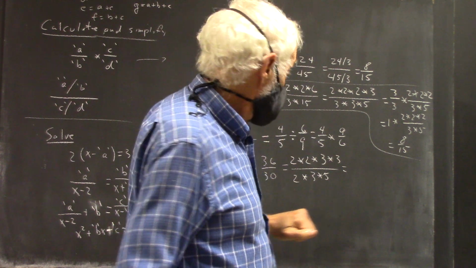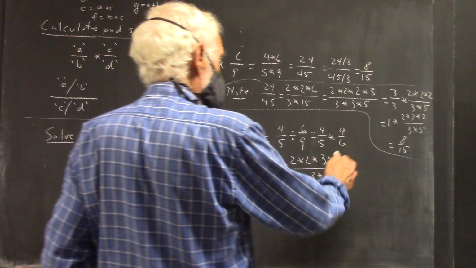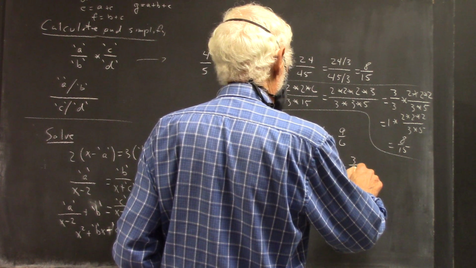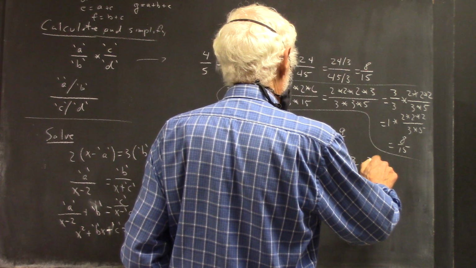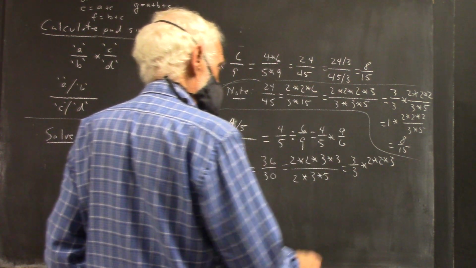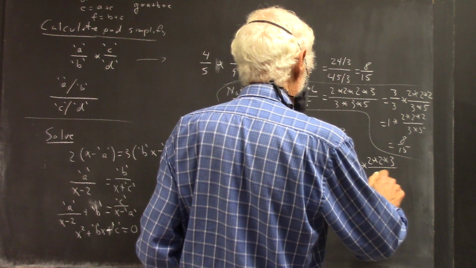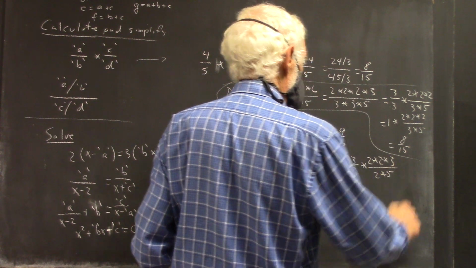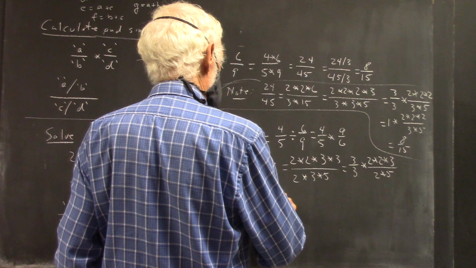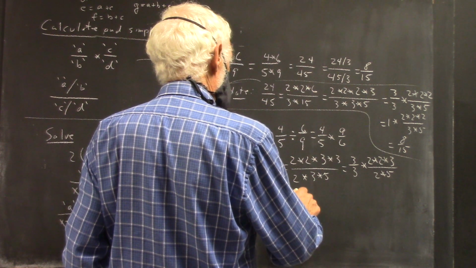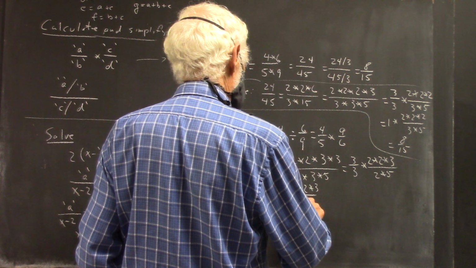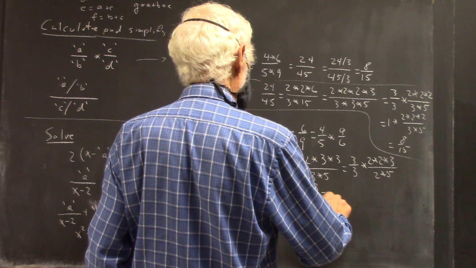So here, again, we can factor out a 3/3. And that still leaves you this 3. And of course, that leaves you the 2 and the 5. That equals 1 times 2 times 2 times 3 over 2 times 5.